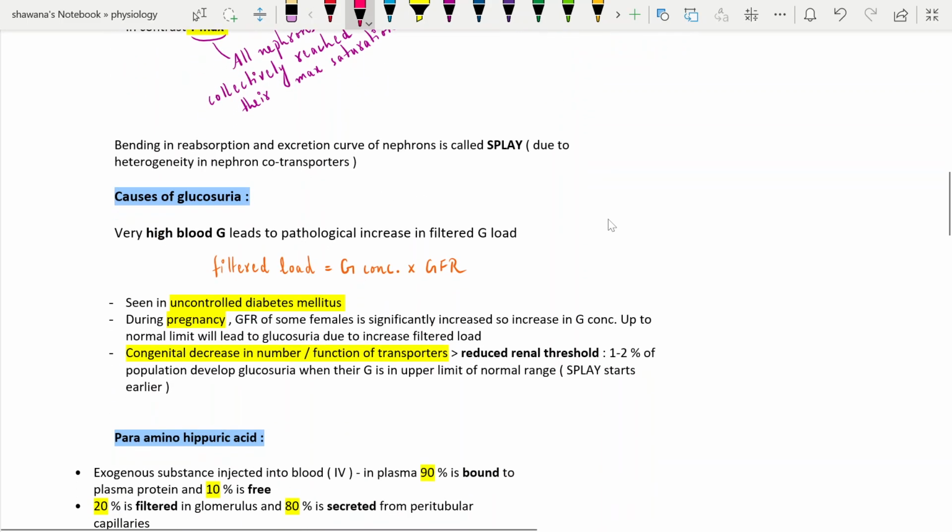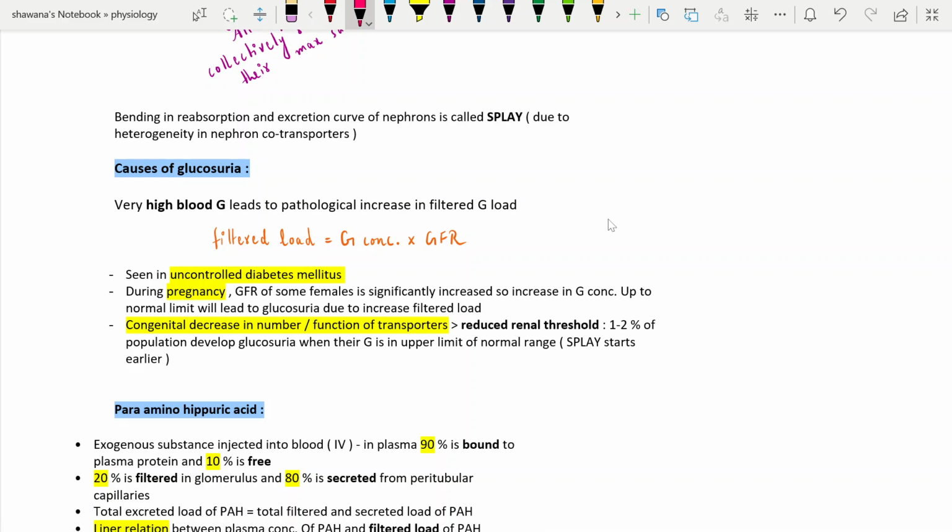Okay. Causes of glucosuria. Glucosuria means the presence of glucose in the urine. Very high blood glucose level leads to a pathological increase in the filtered glucose load. What does it mean? For example, in uncontrolled diabetes mellitus, when there is very high hyperglycemia, the kidneys start to lose glucose into the urine.